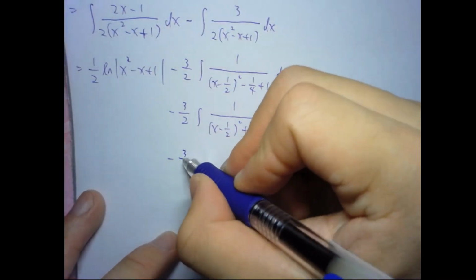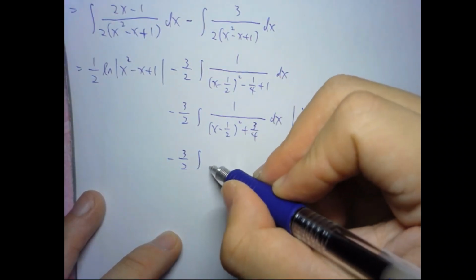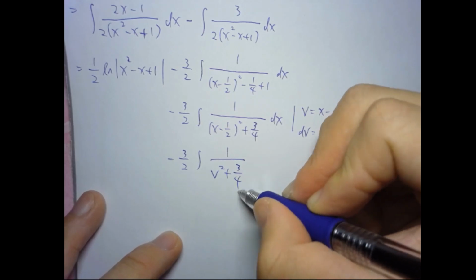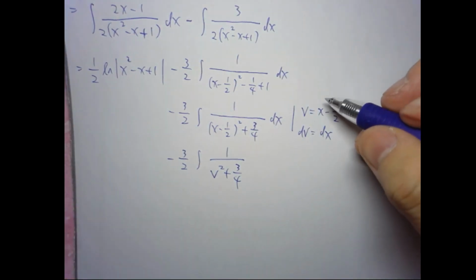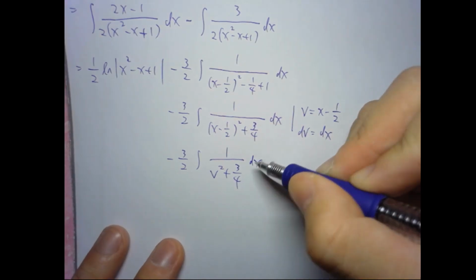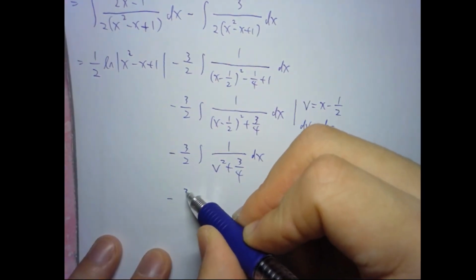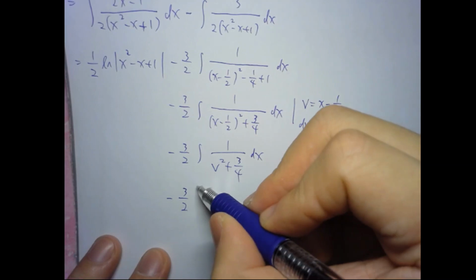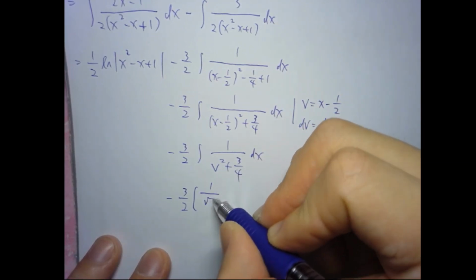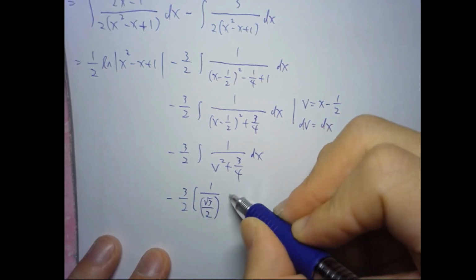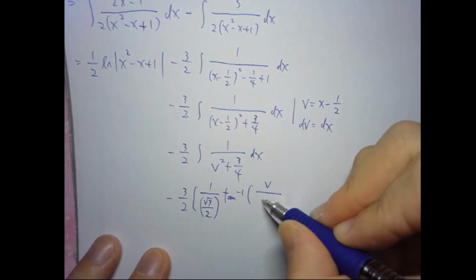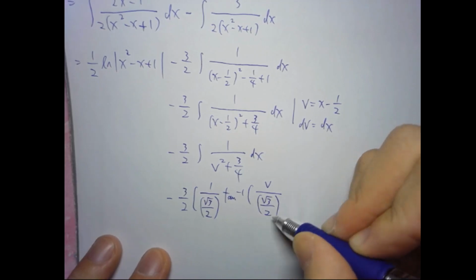So we can replace the whole thing with 1 over v squared plus 3 over 4. So we apply the same formula, dx, minus 3 over 2, and I will integrate directly: 1 over root 3 over 2, the whole thing, arctangent v over root 3 over 2.